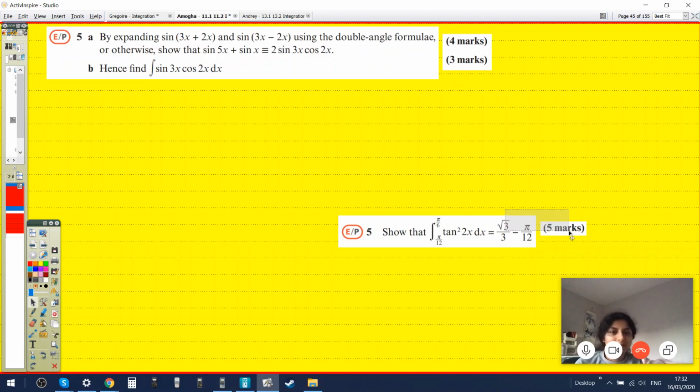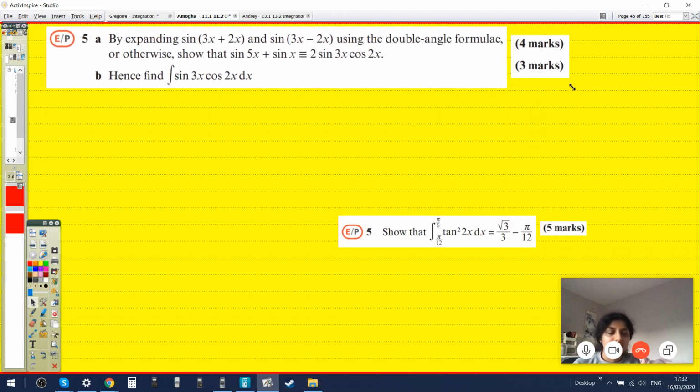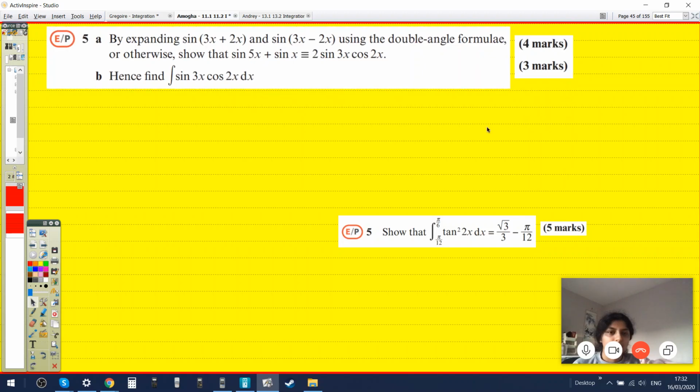Oh, that one that says sine 3x cos 2x is the same as that one that was similar. Sine 2a is 2 sine a cos a, I think. But they're not the same. Double angle formulae.